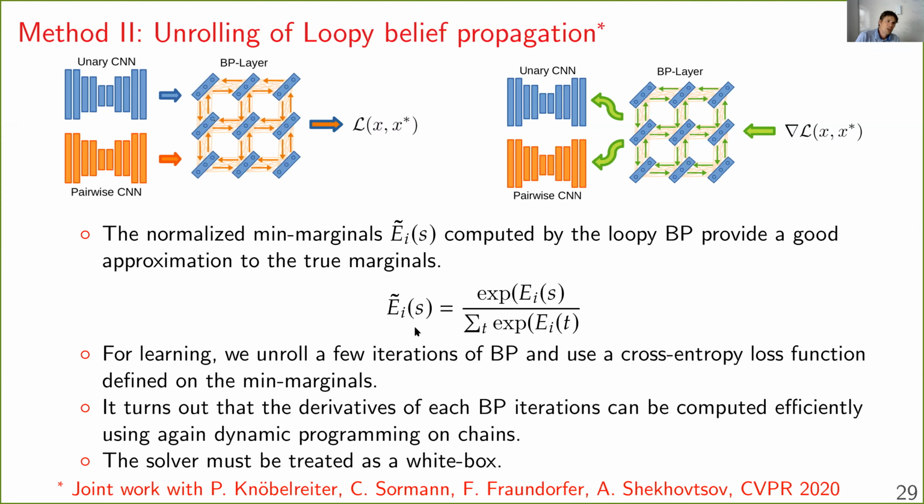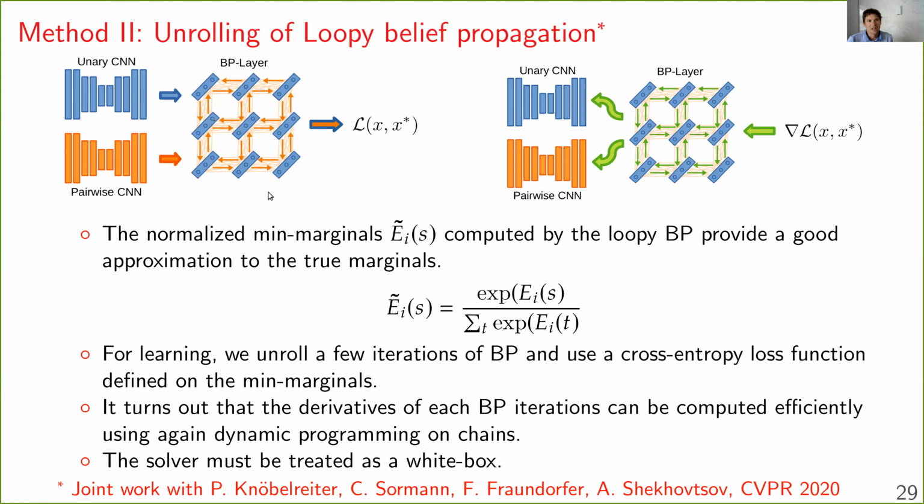And I would also like to mention a second method, which is more recent, again a CVPR 2020 paper. Here we did not treat the MRF solver as a black box, but as a white box. So we used an algorithm that can minimize the Markov random field. In this case, we used just belief propagation because it was so efficient in practice.